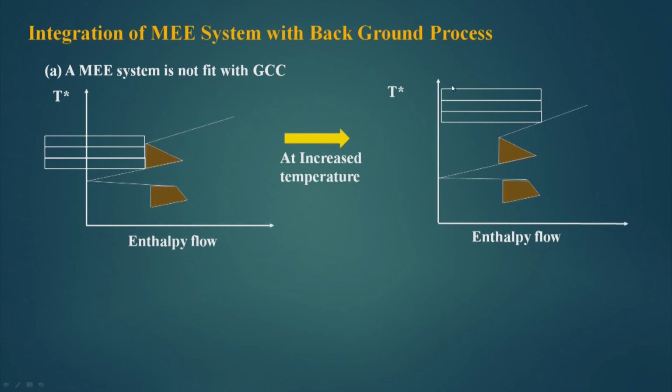Once it rises, it goes to this place and now it fits. So, by increasing the temperature, I can lift this to a proper place. So, this gives me a tool to manipulate the evaporator system.